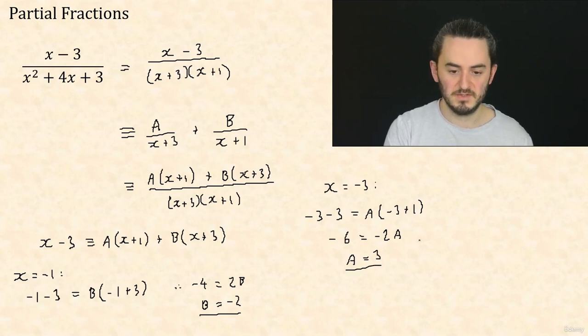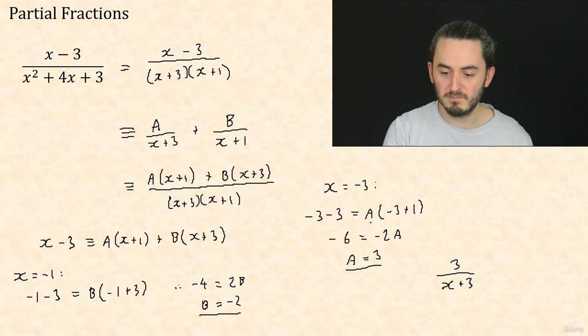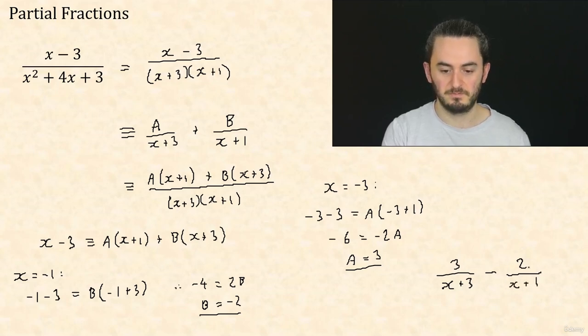There's the second part of my answer. All stitched together I get 3 over x plus 3, and then it's b is minus 2, so I could write plus negative 2 over the fraction, but it's maybe nicer to just write minus 2 over x plus 1.